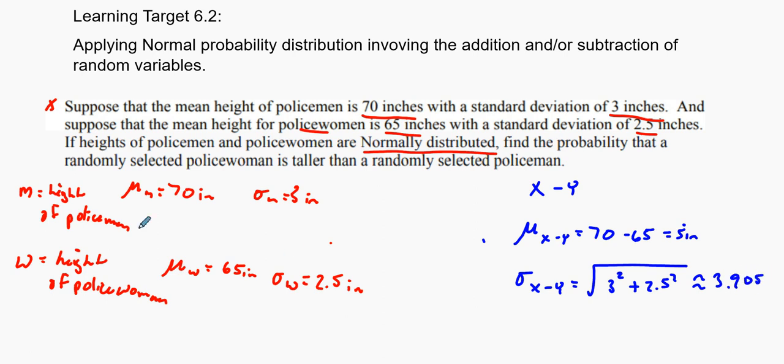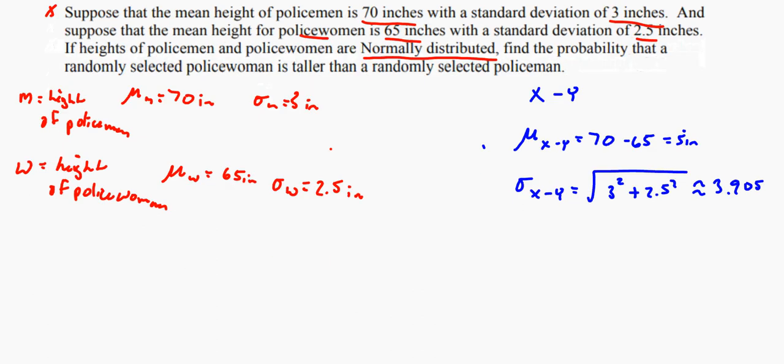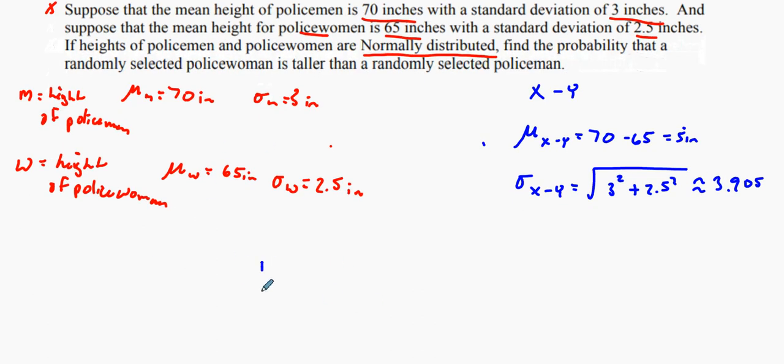Now from here, I want to figure out the probability that the policewoman is taller than a randomly selected policeman. If we have our difference between these two, what would have to be true? I'm going to draw this curve right here.